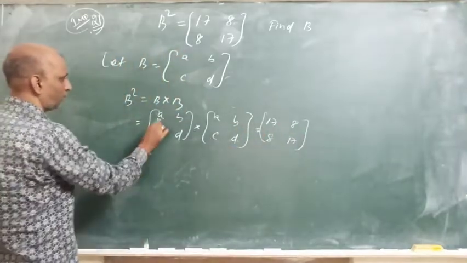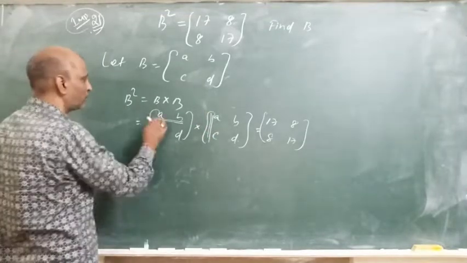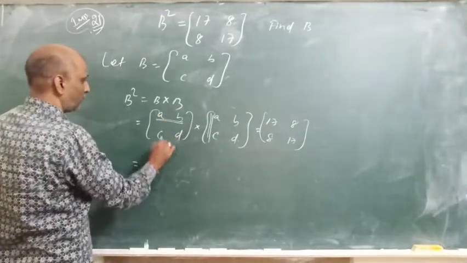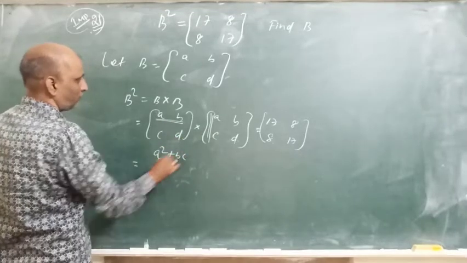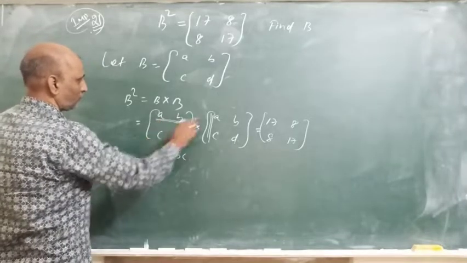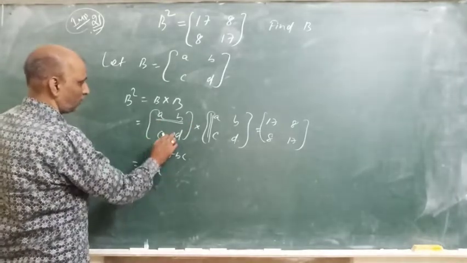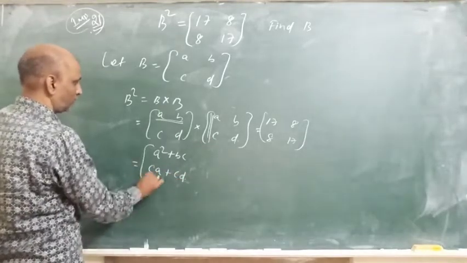Now multiply as per the condition: a into a is a square, then bc, ca, then cd.